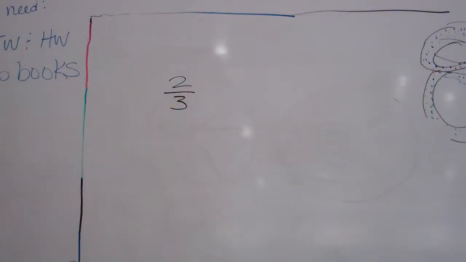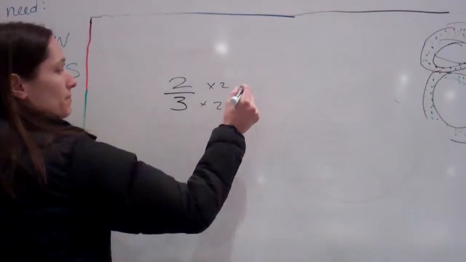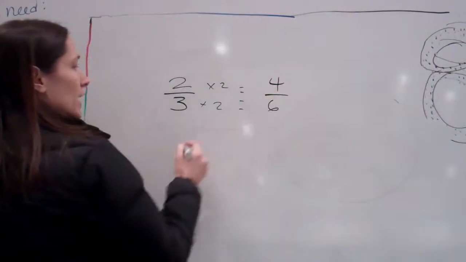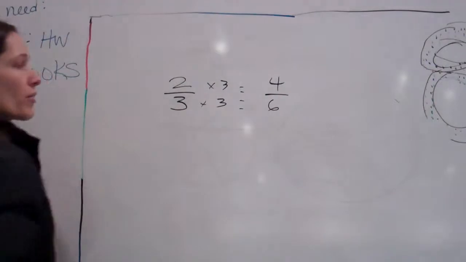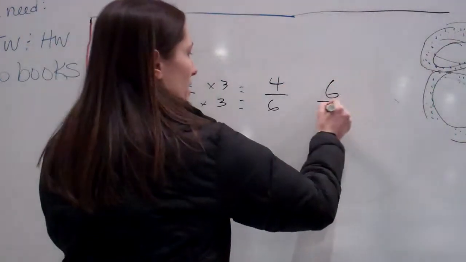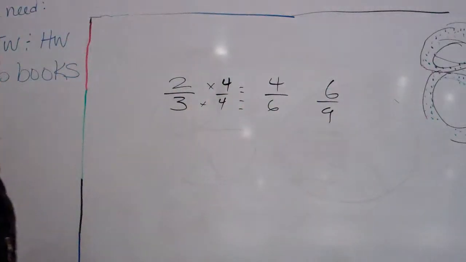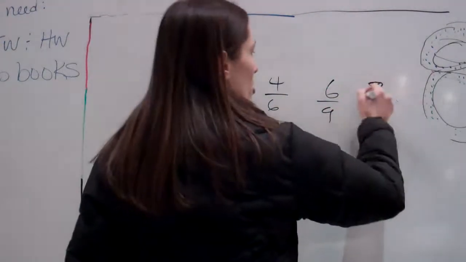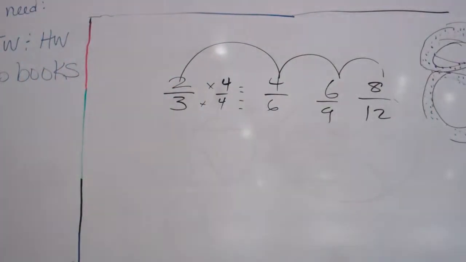So if I multiplied both of these by 2, what would I get? 4/6. If I multiplied both of those by 3, what would I get? 6/9. If I multiplied that by 4, what would I get? 8/12. So these are all proportions of 2/3.